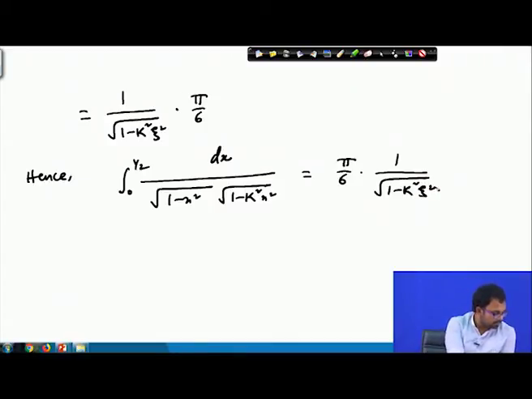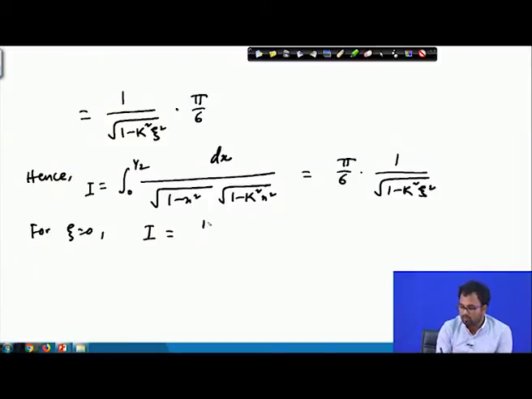If I take xi equal to 0, and let us call the integral I, then I equals pi by 6 times 1, so this is basically pi by 6.